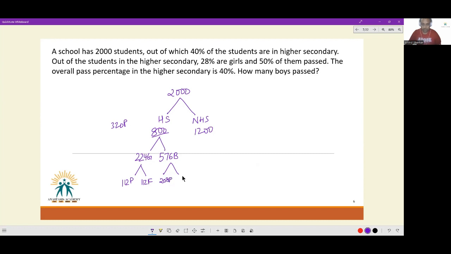How many failed, we don't really care for, because this is the final metric we need. How many boys passed is asked. The number of boys passed will be 208. This is more than calculation. This is simply how you record information appropriately so that the breakage becomes easier to comprehend.